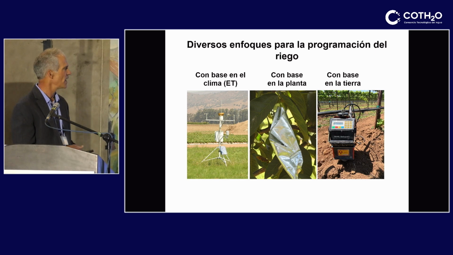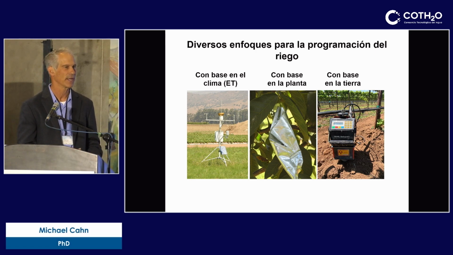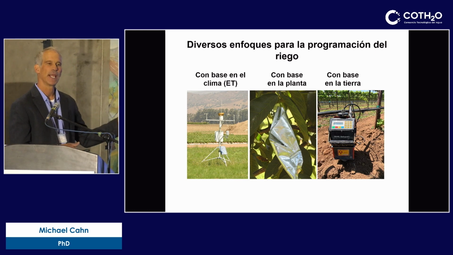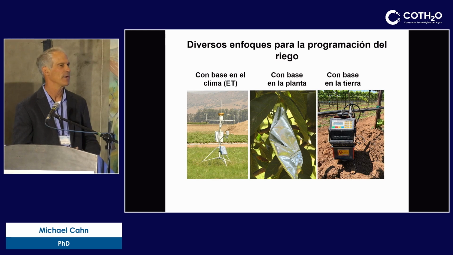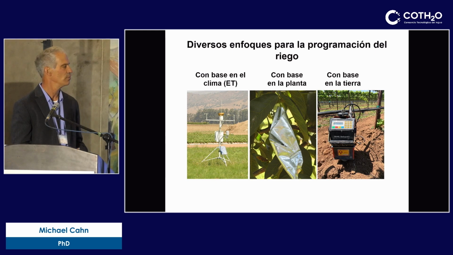I would say the strength of the soil-based and the plant-based methods is really telling you when is an optimal time to irrigate. But they are pretty labor-intensive methods. Someone has to be in the field, or you have to put equipment out there to do monitoring.